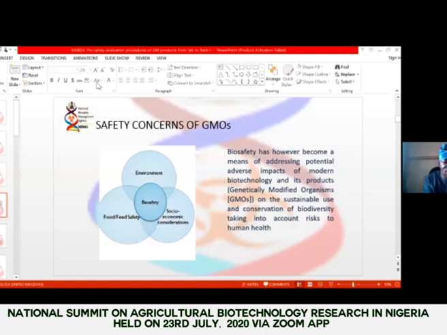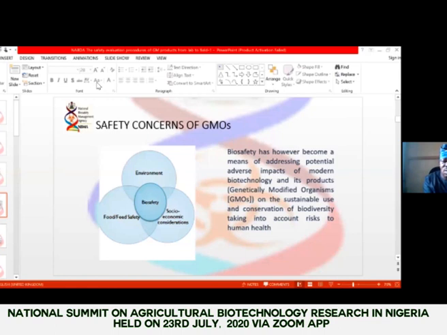And what are the food safety concerns? When genetically modified organisms are consumed, will they become toxic to humans and to animals? Will they become allergic to humans, and some other concerns? And what are the socioeconomic considerations?